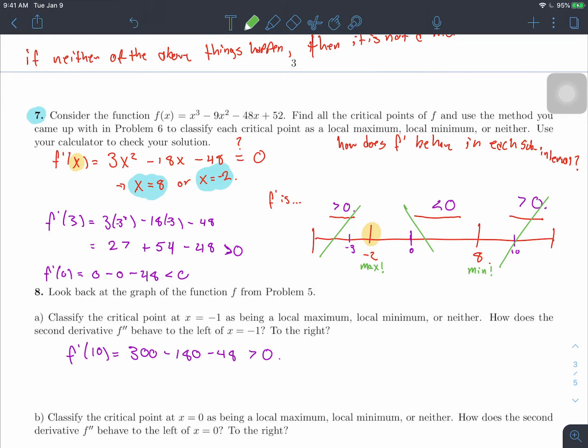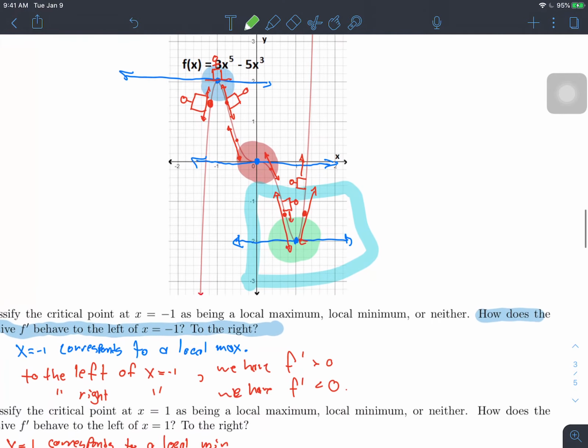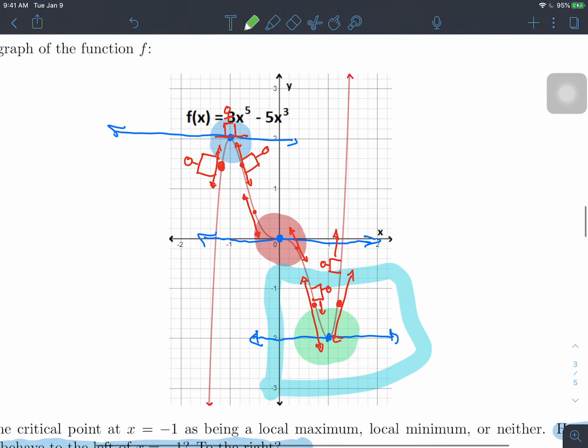Well, if you don't like the number line, you're in luck because I'm about to describe another way that we can do this that you might like better. So let me go back up to this graph here. I'm going to erase all this.